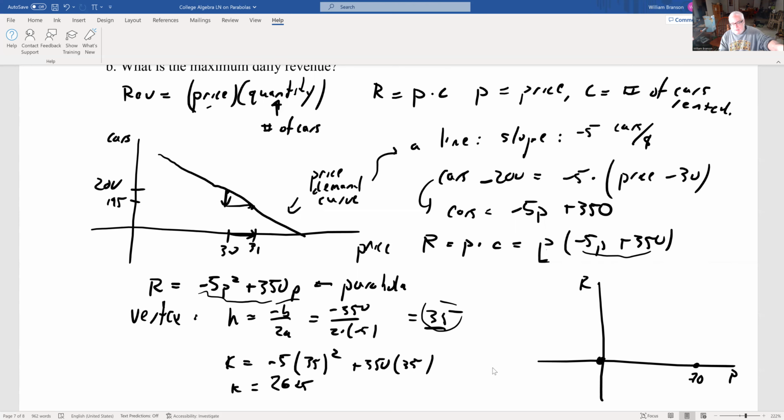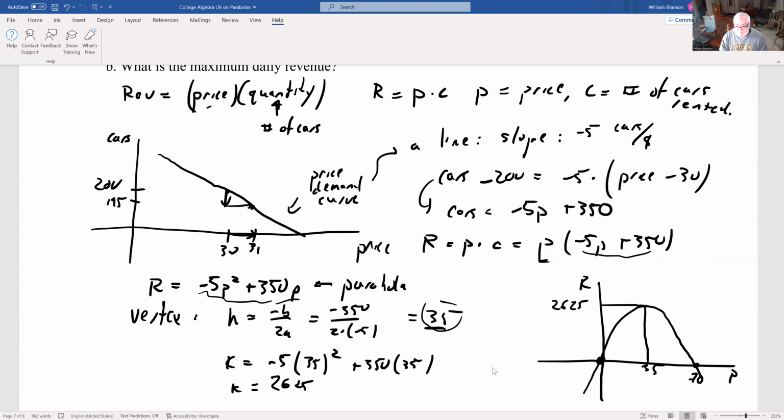They can go rent them and they won't pay you anything. If you set your price for 70, it's so expensive nobody rents your cars. Somewhere in between is your maximum revenue, and that happens at the peak of this vertex. And that happens when you charge $35, and then you have a maximum revenue of $2625.